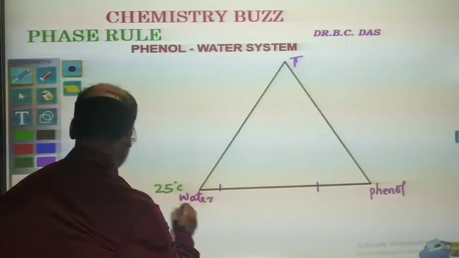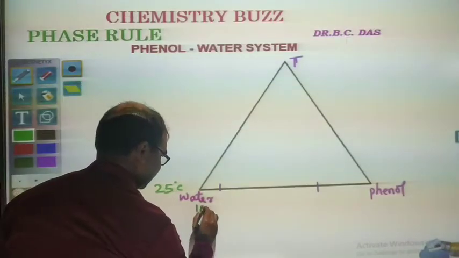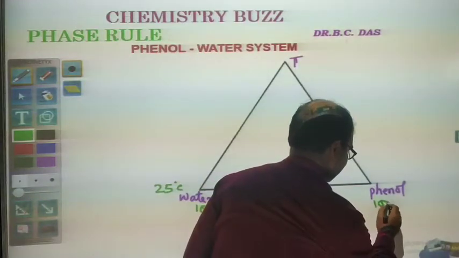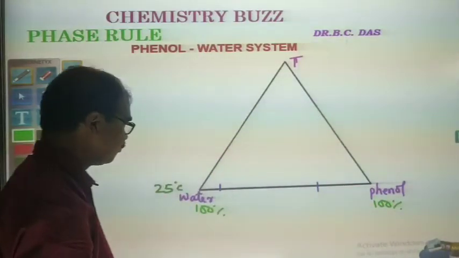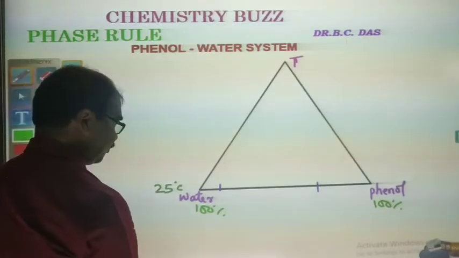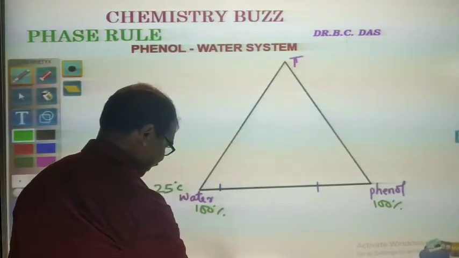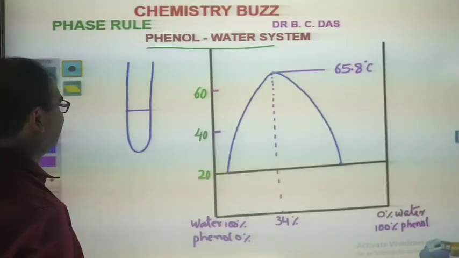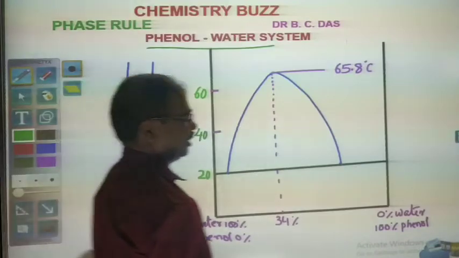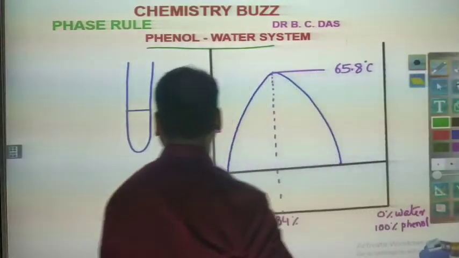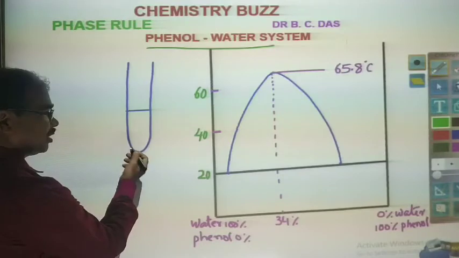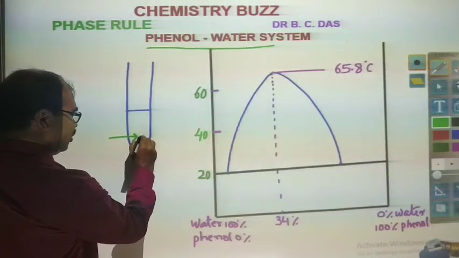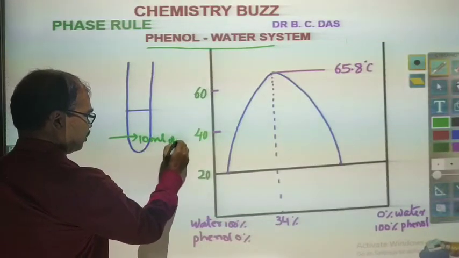So if we consider the variables, here the graph will be the composition versus temperature. So here it is 100% water, and here it is 100% phenol. Okay. Suppose, let us perform the experiment. So by experiment we can understand it easily. So for easy understanding, let us take here in this hard glass test tube 10 ml of water.